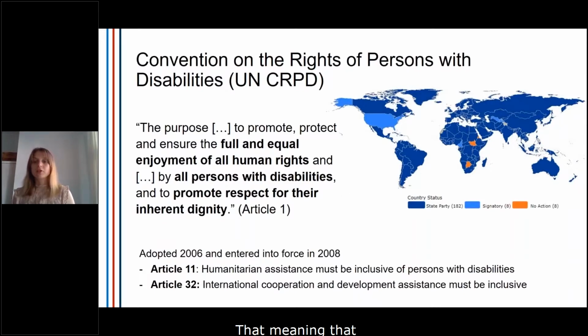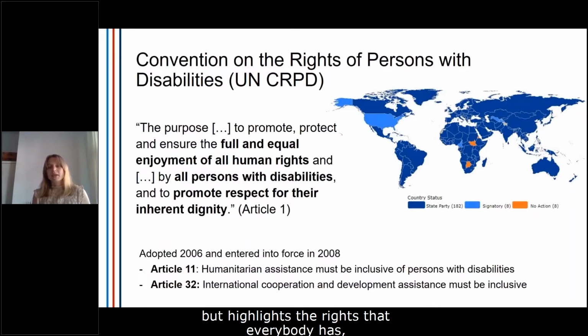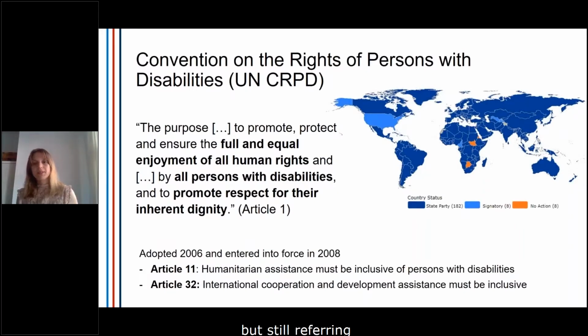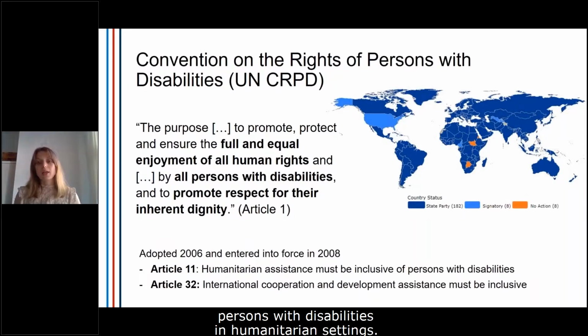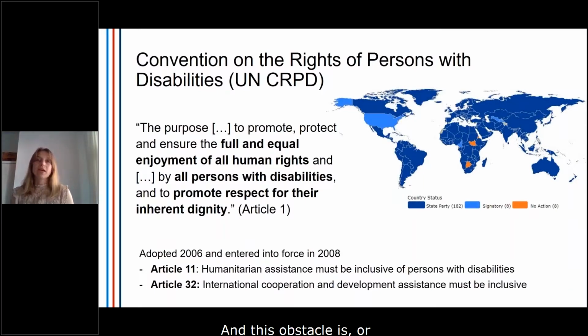That means that the UNCRPD doesn't grant any new rights to persons with disabilities, but highlights the rights that everybody has, as they relate to persons with disabilities, and promotes the respect of their inherent dignity. So states, for example in a humanitarian context, have to take all measures to promote and protect persons with disabilities in humanitarian settings. This is stated under Article 11.